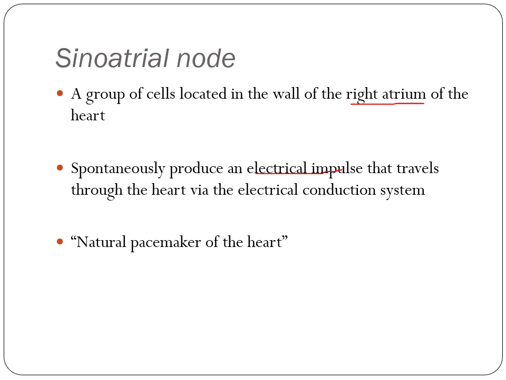The main role of the sinoatrial node is to initiate action potentials so that they can pass throughout the heart and cause contraction. So remember, the sinoatrial node is where the electrical impulse comes from.